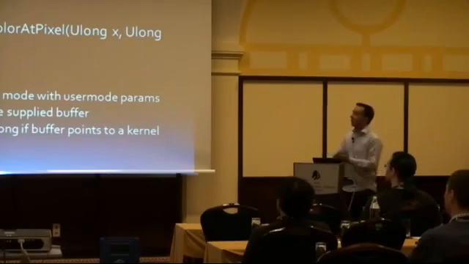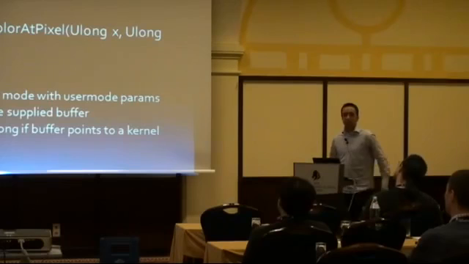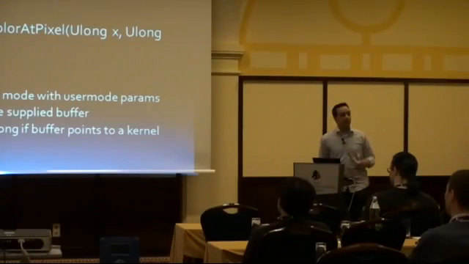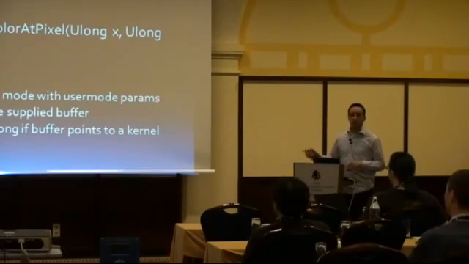So, an entry point example. Let's say NtFakeGetMeColorAtPixel has 3 arguments: ULONG x, ULONG y, and a pointer to a buffer to get the color, right? This is going to be executed in kernel mode, but the parameters are supplied from user mode, right?